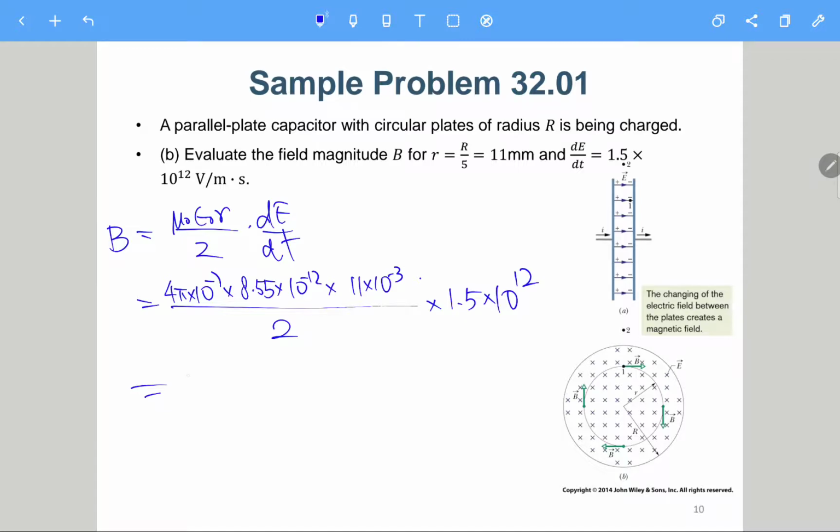So this is 9.18 times 10 to the minus 8 Tesla. We just substitute the numbers into the expression we just derived.